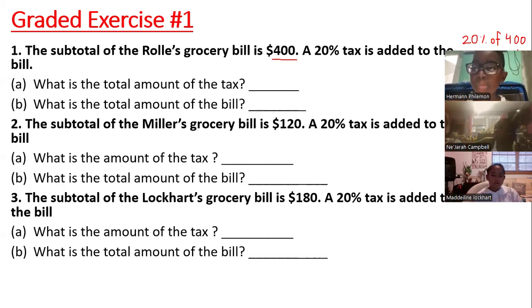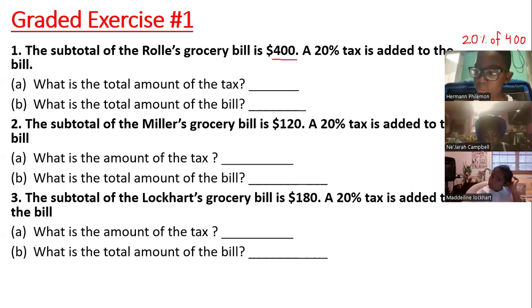Multiplied by what? 4 over 1. Good. And so we have 20 times 4, which is what? 80. So we have 80 over 1. And 80 over 1 is what? $80. All right.